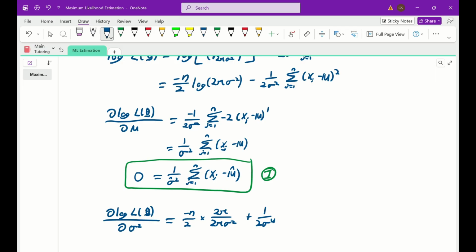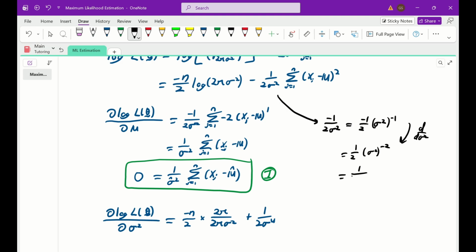Whenever I have something on the bottom of a fraction, I always like to think of it in terms of negative exponents. So maybe I'll just write off to the side here. What is this equal to? So we've got negative 1 on 2 sigma squared. That's just equal to negative a half sigma squared to the negative 1, right? So if you take the derivative with respect to sigma squared, the negative 1 drops, so it cancels with that one, so it becomes positive a half, and then sigma squared, and then the exponent decreases, so negative 2.